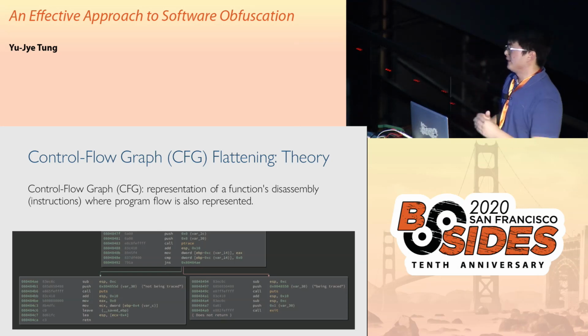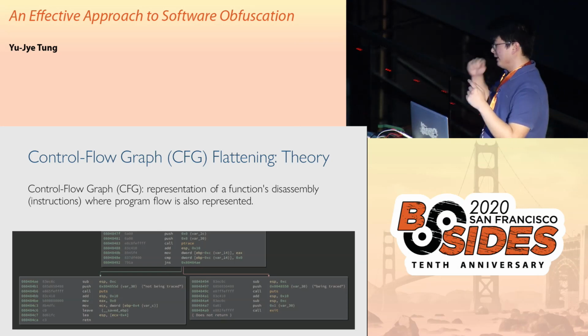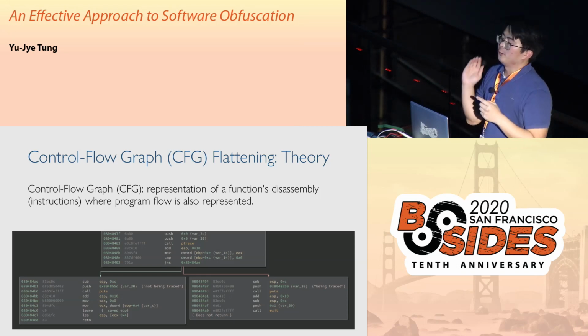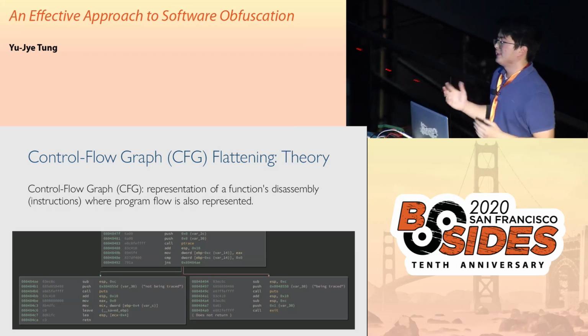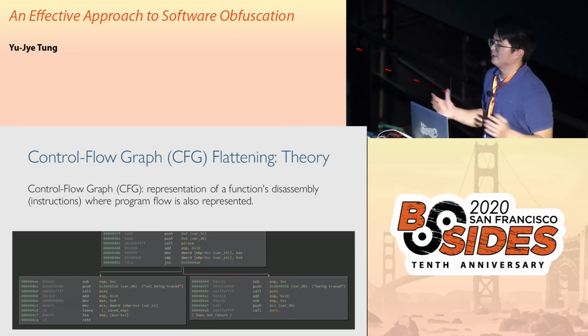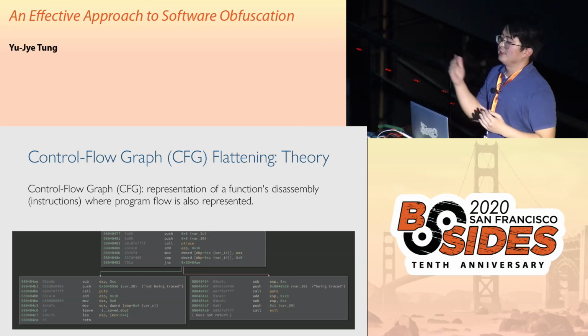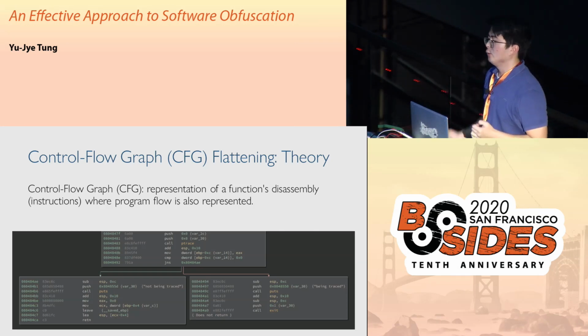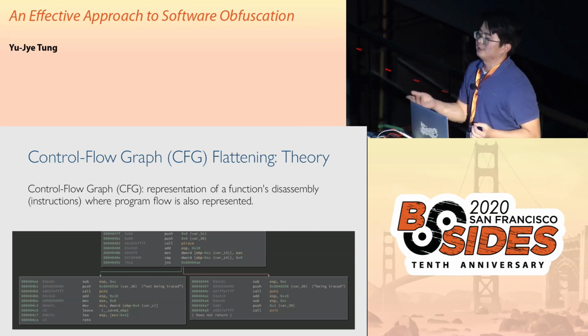A basic block has one unique entrance point and one unique exit point. So once you enter a basic block, you will always execute the same sequence of instructions. This means that if the disassembly contains a control flow altering instruction, like an if statement, then the disassembly in the CFG representation will be split into multiple basic blocks, as shown in this picture.